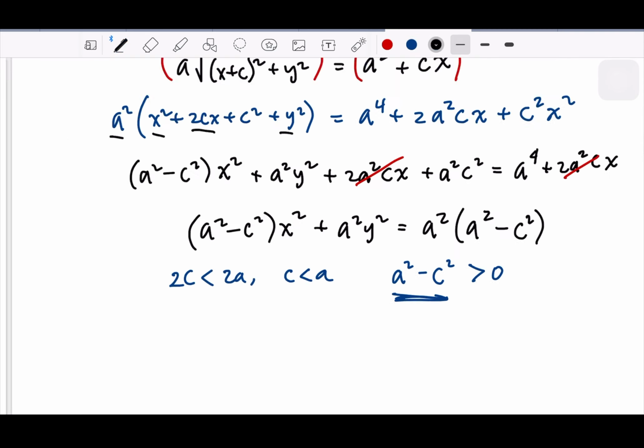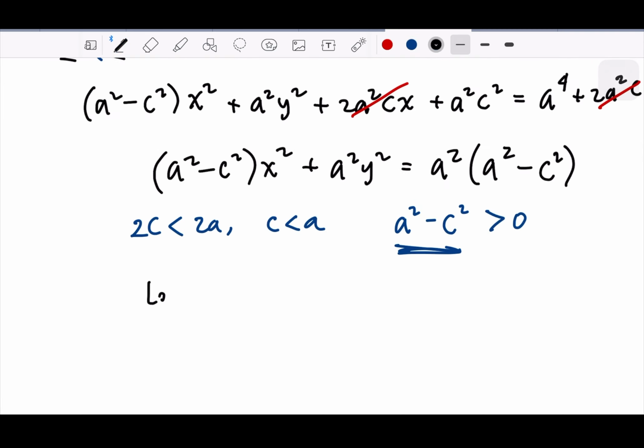So to simplify, we can let some other variable, let's say b, in these equations, okay?